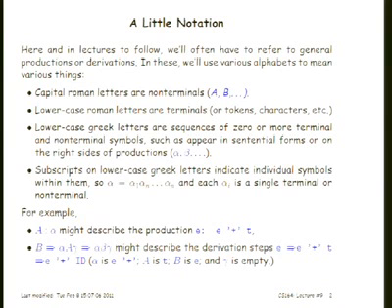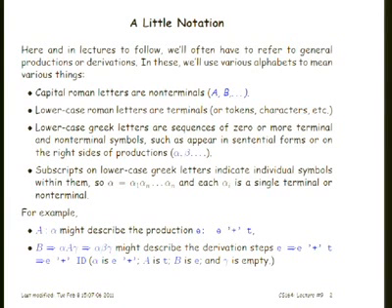I'll use lowercase letters for terminals, and then I'll use Greek letters for right-hand sides, strings of bunches of symbols. So I might have a right-hand side that has n symbols, alpha 1 through alpha n, and I'll just refer to the whole thing as alpha. So here are some examples. A goes to alpha, that's the form of this production over here.